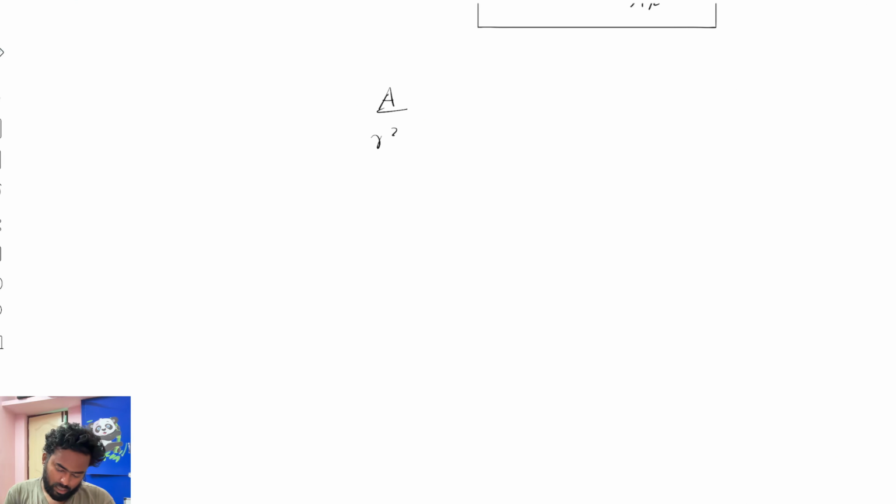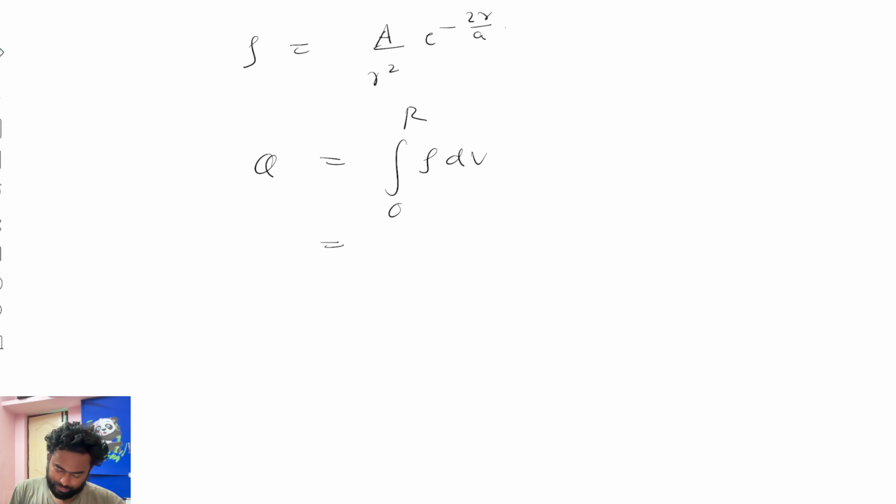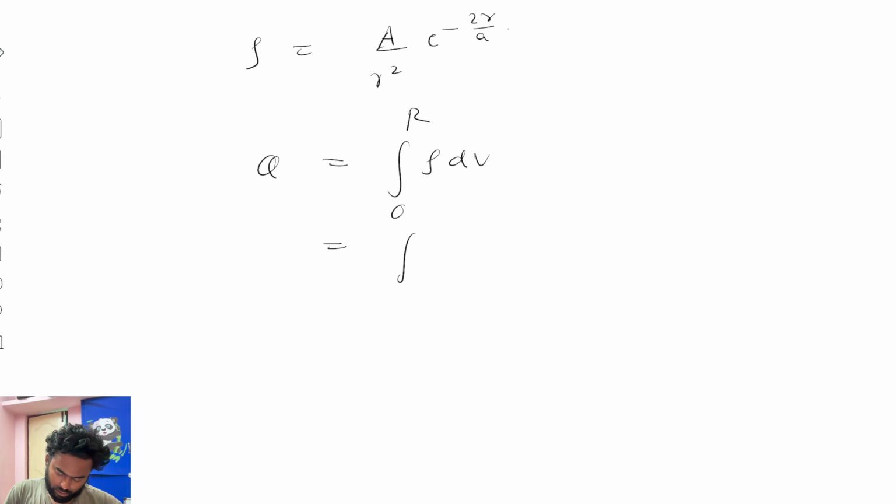So total charge will be the integral of rho dV from 0 to capital R. Rho will be a by r squared e power minus 2r by a, dV is 4 pi r squared dr, from 0 to capital R.